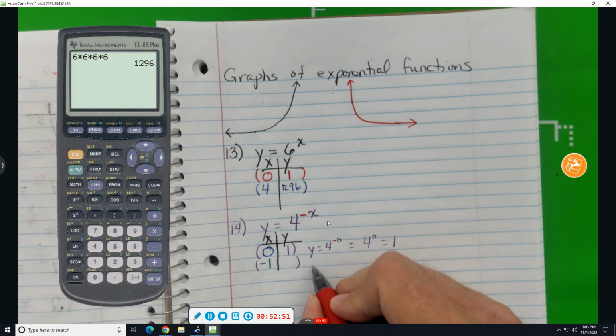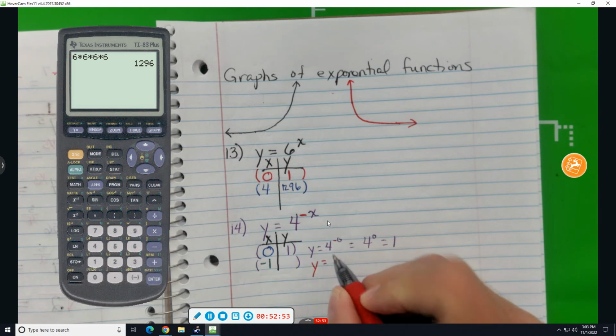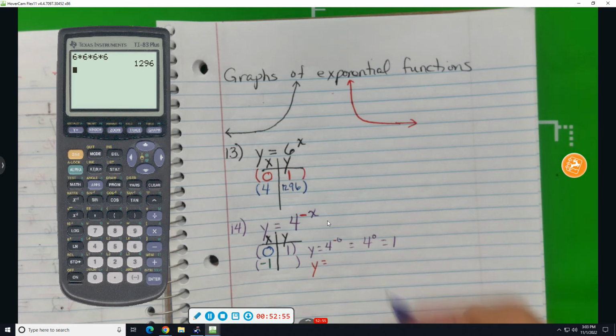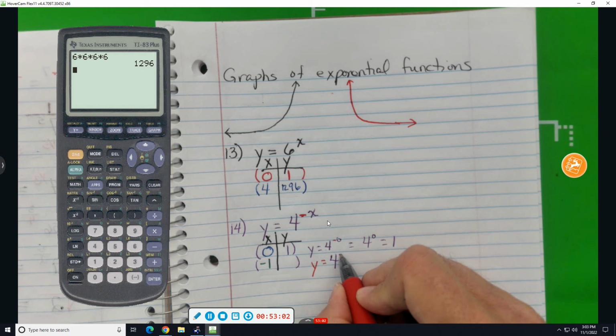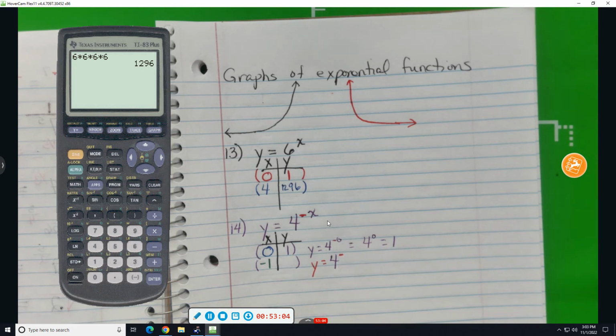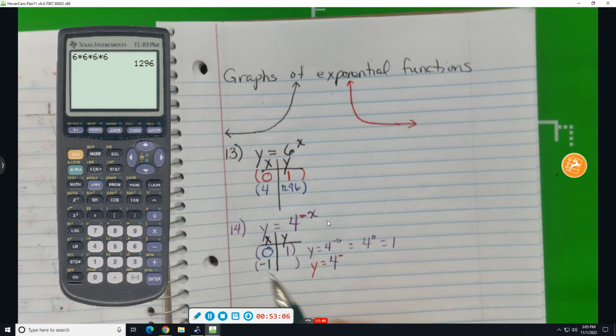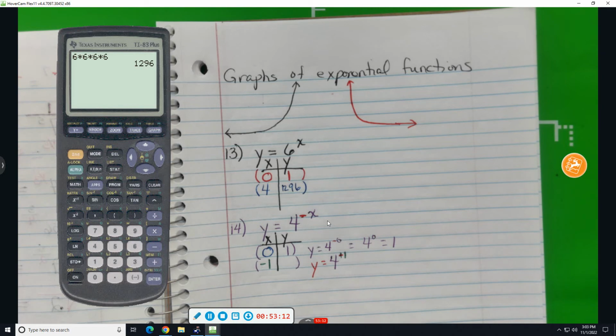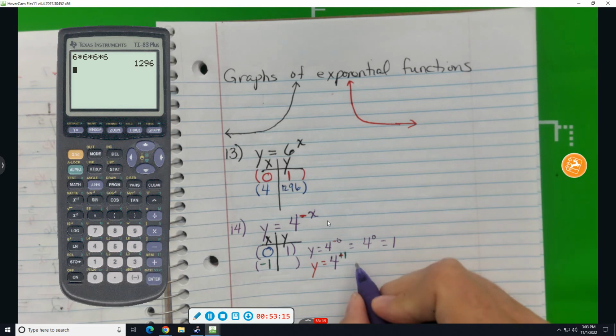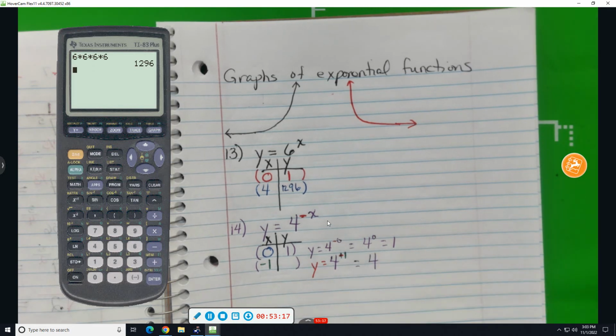What would happen if we put a negative 1 in for x? You'd have 4, we have the red negative, and now we have the green negative 1. So negative times negative is going to be a positive. It's just 4. 4 to the first power is just 4.